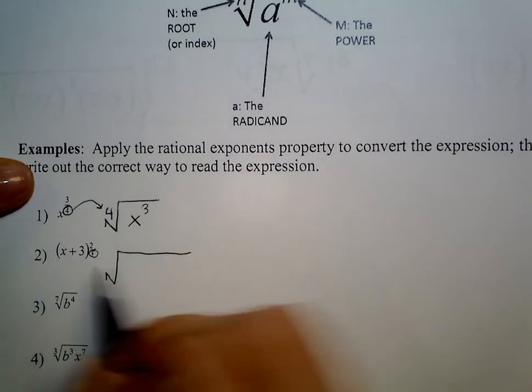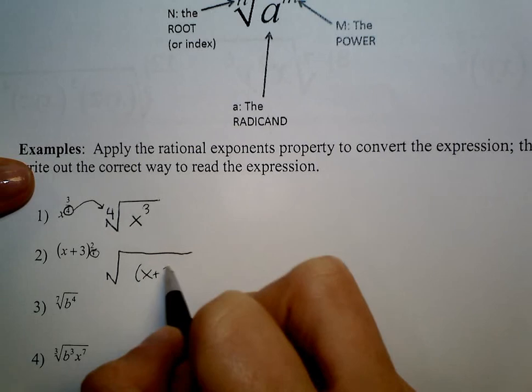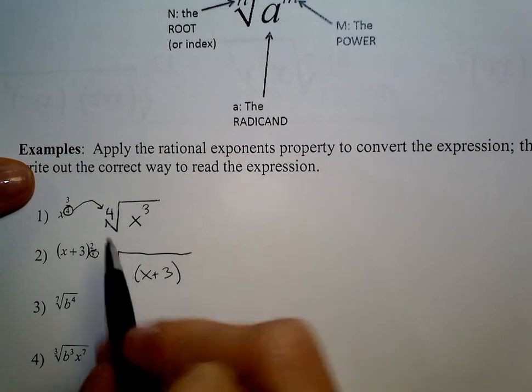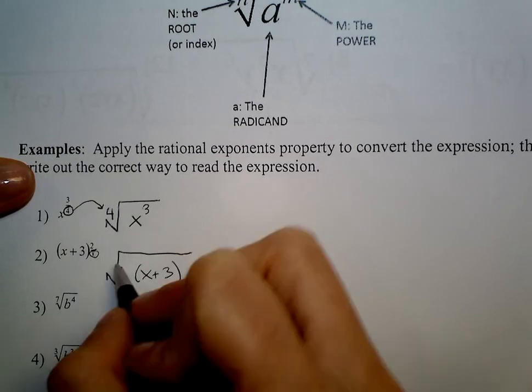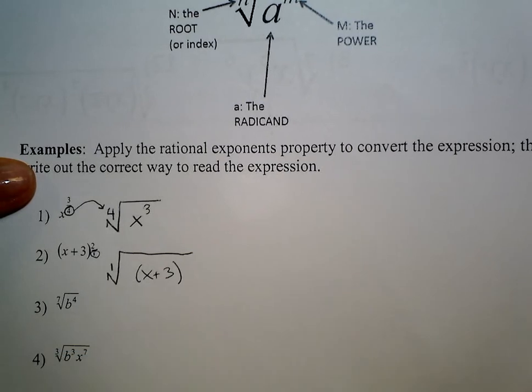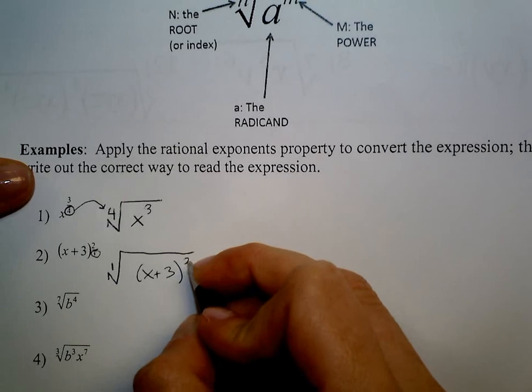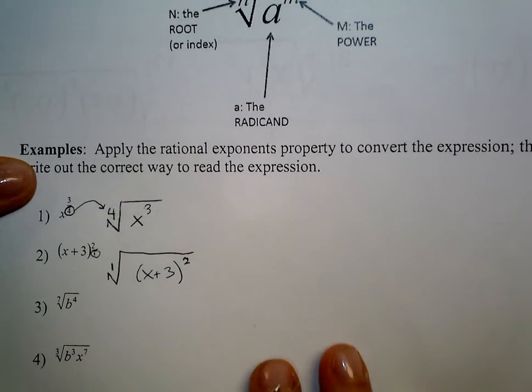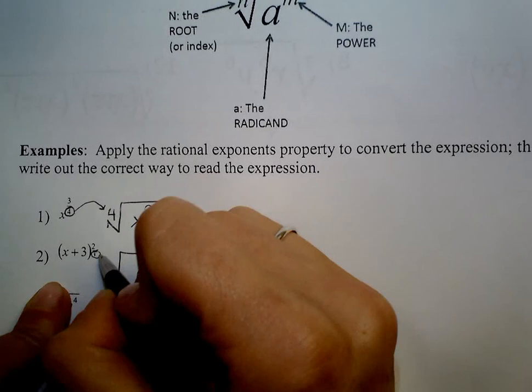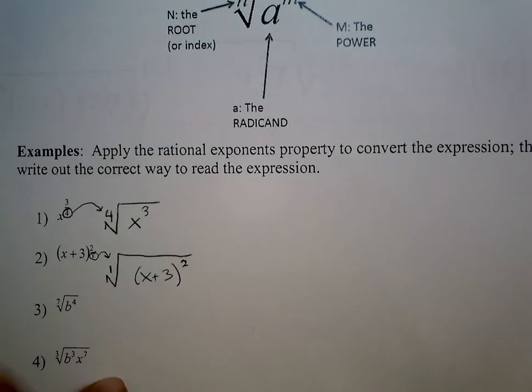I'm going to have x plus 3 inside my radical. The 1 is going to go here, and then the square goes inside the radical. So I circled my denominator and I wrote it as the root.